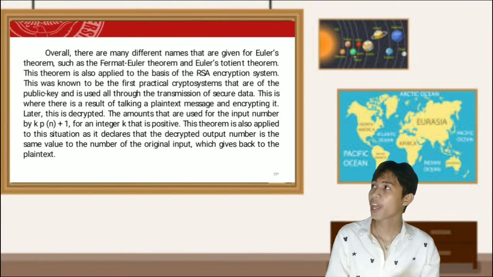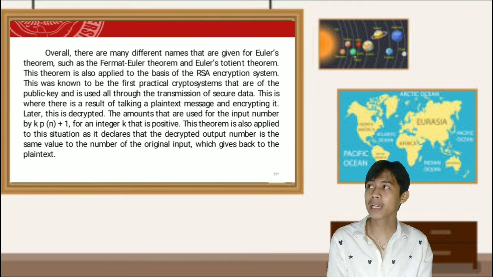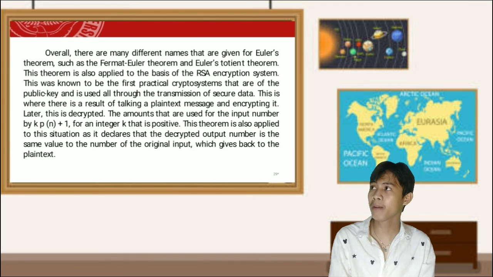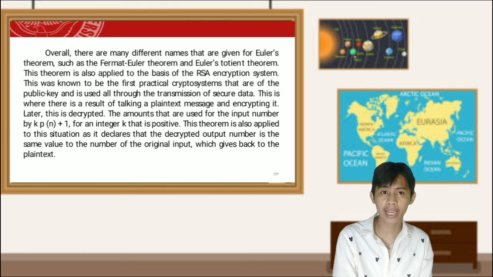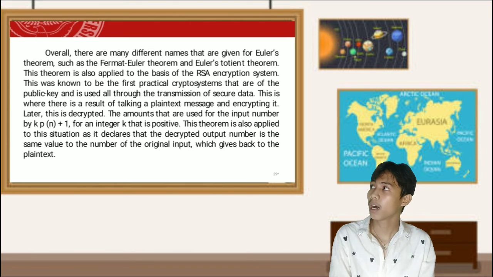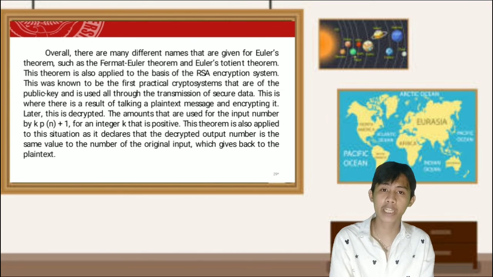Overall, there are many different names that are given for Euler's theorem, such as the Fermat-Euler theorem and Euler-Fermat theorem. This theorem is also applied as the basis of RSA encryption. This was known to be the first practical public key crypto system and is used all through the transmission of secure data.